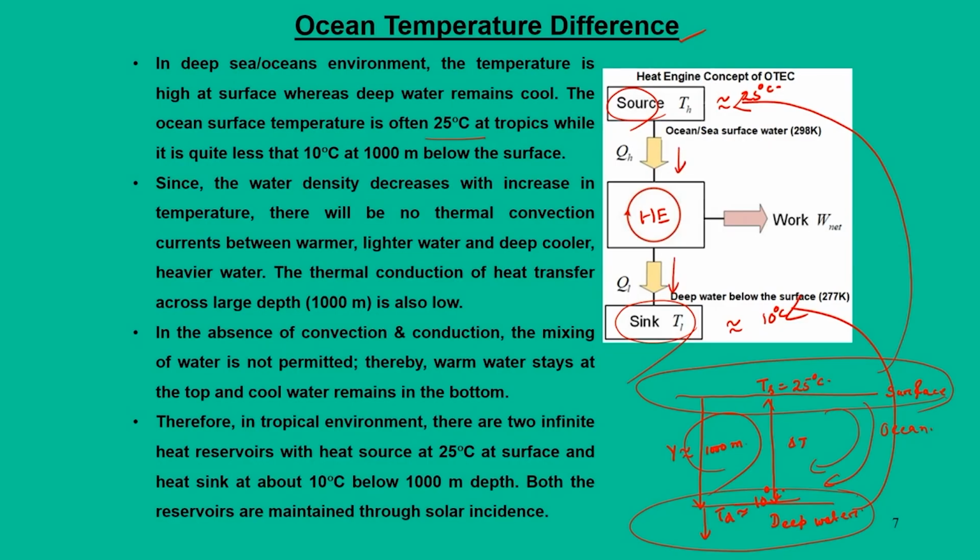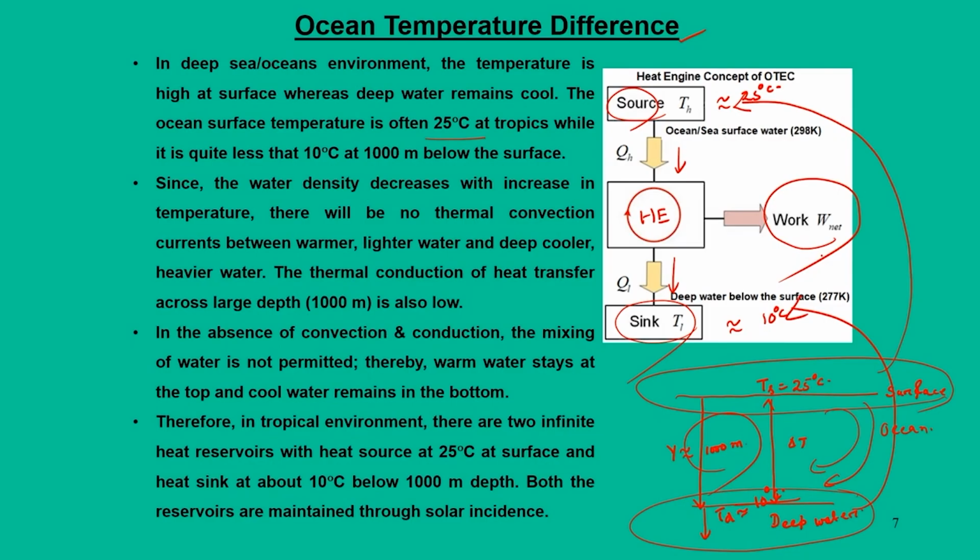So, this is called ocean thermal energy conversion. That means the temperature difference is utilized for energy conversion in the form of work. So, heat energy gets converted to work. So, this is the concept.